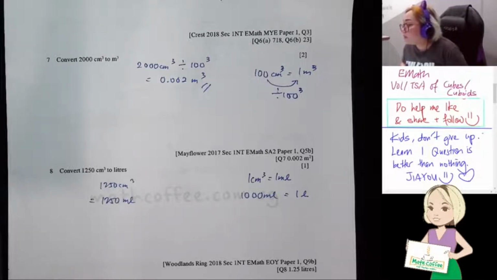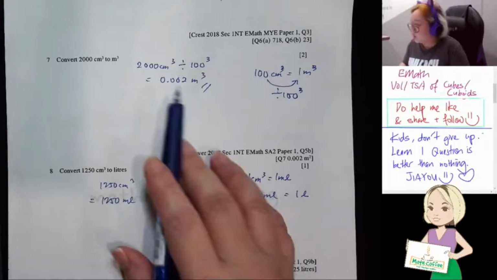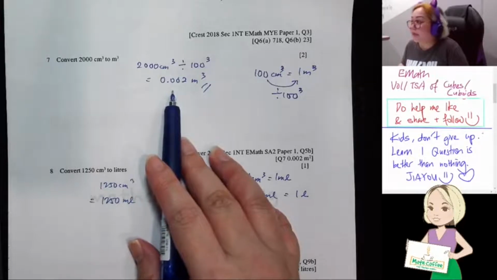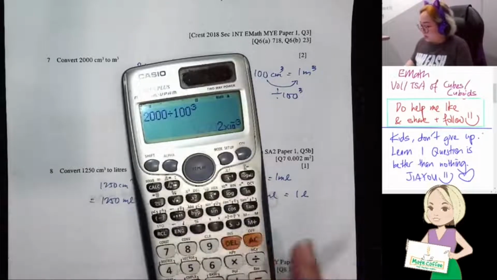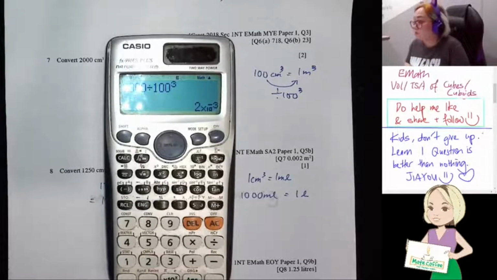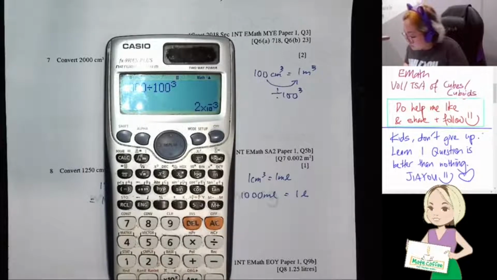Why does the calculator give the answer in standard form? Which one? You mean this one? You mean just now when I got the 0.002? This form? Standard form? You mean why the calculator gives it in standard form? Rafael, do you mean that way? You can shift it.